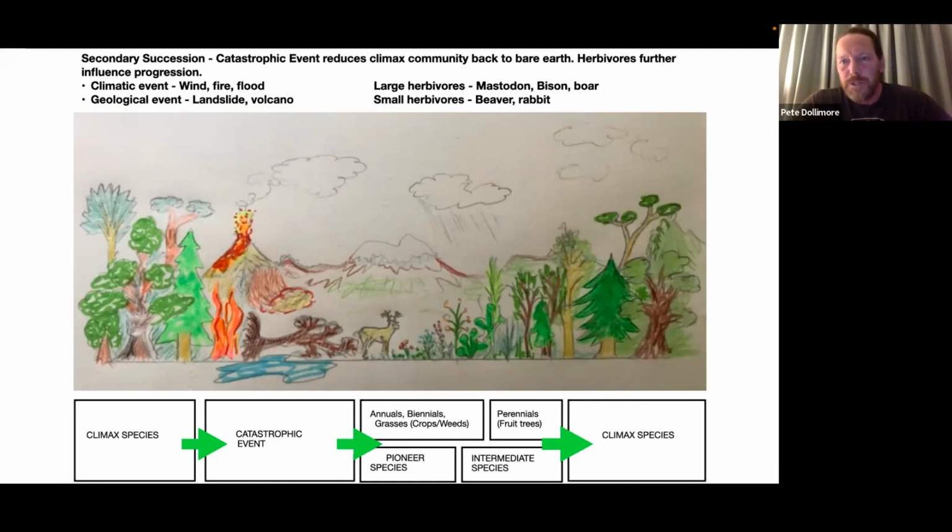Mature trees and understory, obviously in the tropics, that's a tropical rainforest, but there would have been temperate rainforests in these parts of the world. And there would have been regular catastrophic events, which would include trees falling down, fires, volcanoes, landslides, floods. So there's always a point when nature has to start again.